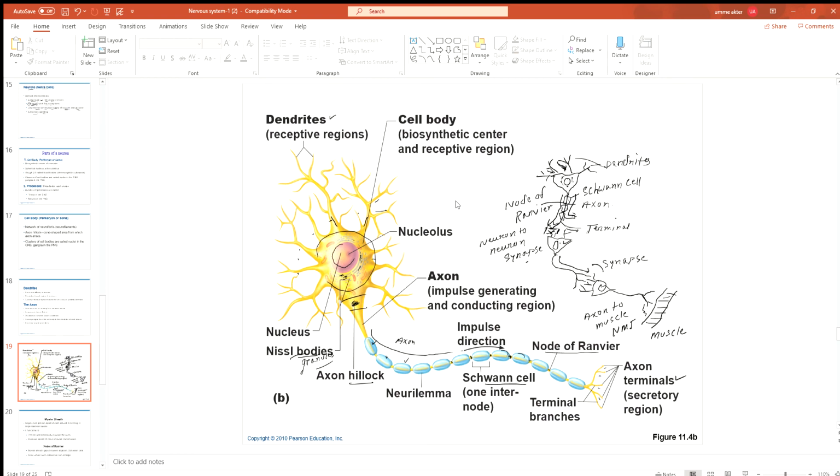And neurotransmitters are released from the axon terminal here. You see a gap, that is the synapse, and neurotransmitters or neurochemicals are released here at the synapse. Now neurotransmitters could be excitatory or inhibitory.